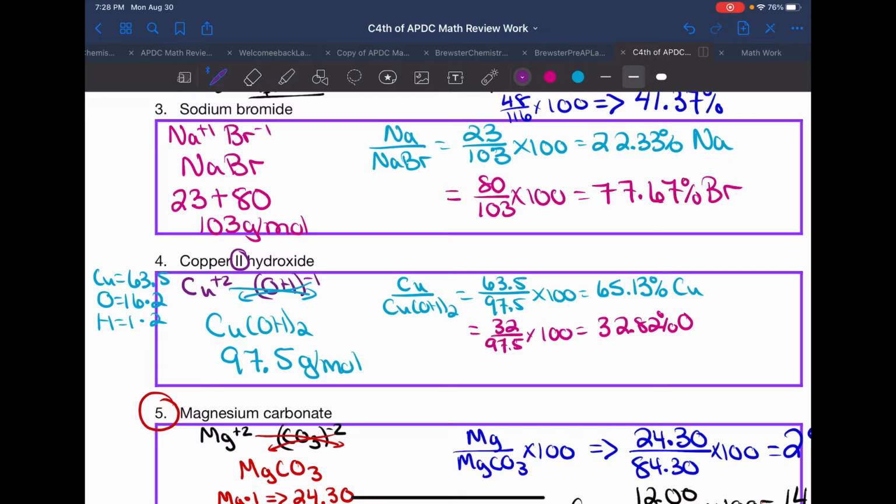It has to add up to 100, so we'll go ahead and do the last one. 2 divided by 97.5 times 100, and we get 2.05% hydrogen. If I check my work, and I take the 65.13 plus 32.82 plus 2.05, it adds up to 100.